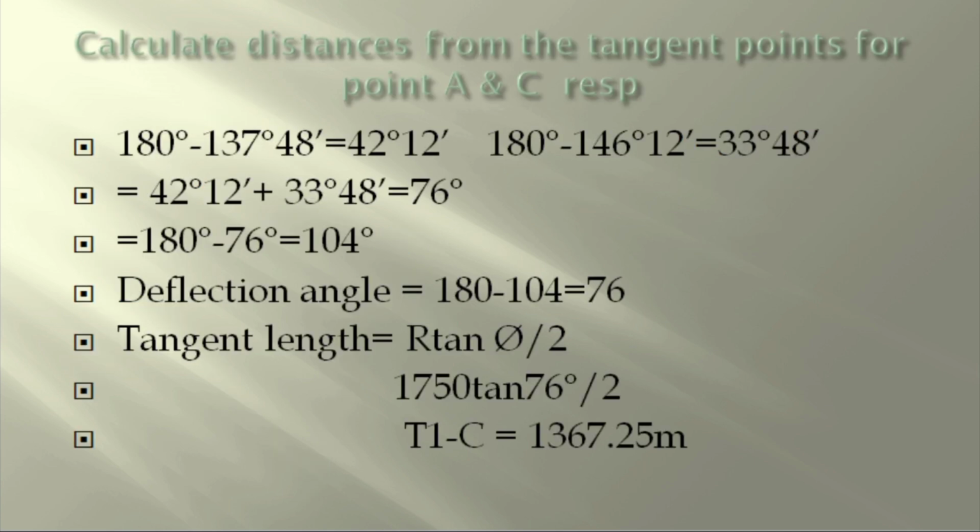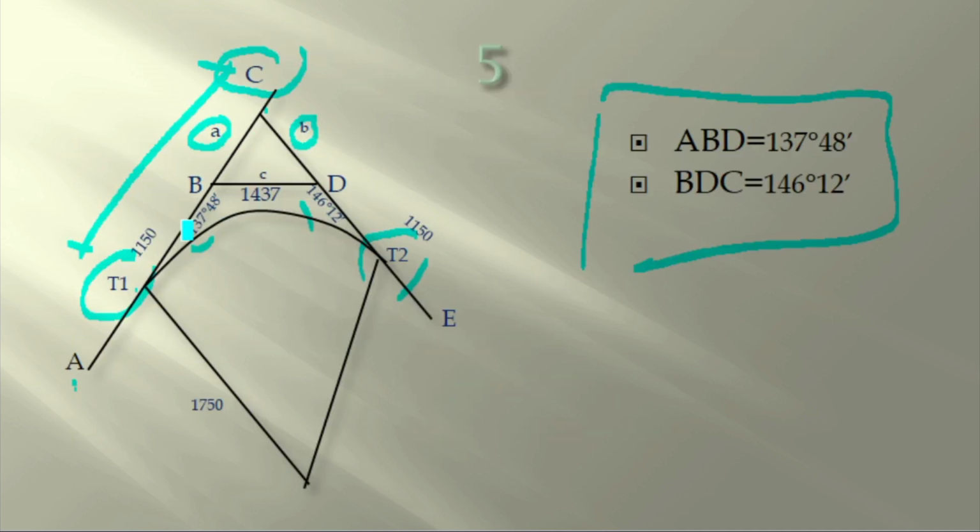So let's go directly to the calculation. First of all, we need to calculate the angles. By subtracting this angle from 180 degrees, you will get the angle found there, since angles on a straight line add up to 180 degrees.